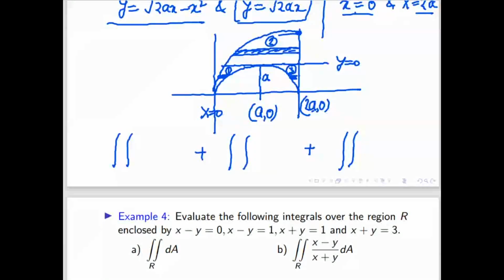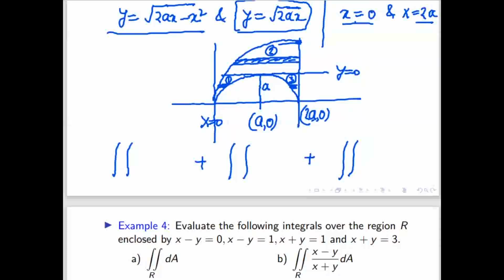So in region number 1, what is the lower limit of x and the upper limit of x? In region number 1, it will start from the parabola and go up to the circle. So at the parabola, the value of x is y square by 2a. At the circle, what is the value of x?